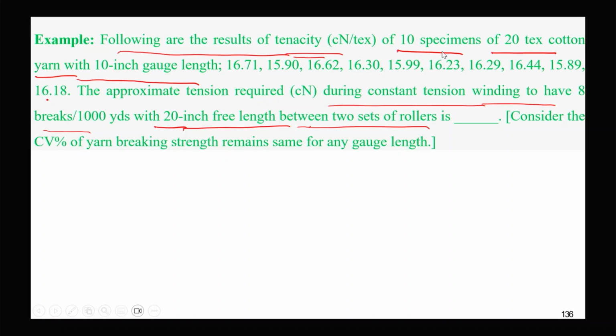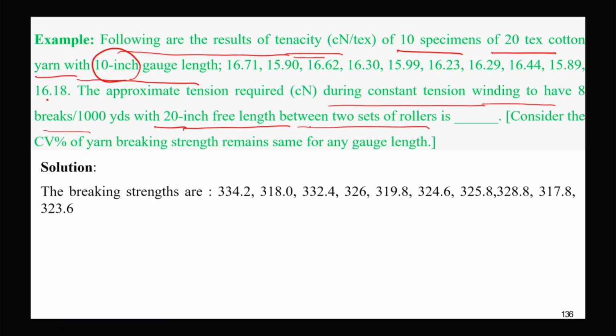So 10-inch gauge length, this is the result. So first let us calculate the mean value. The mean value will be 325.1.